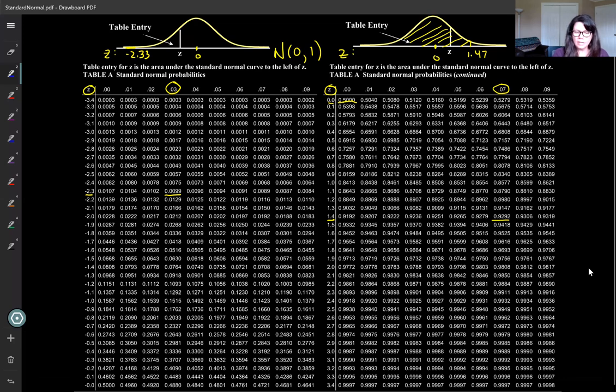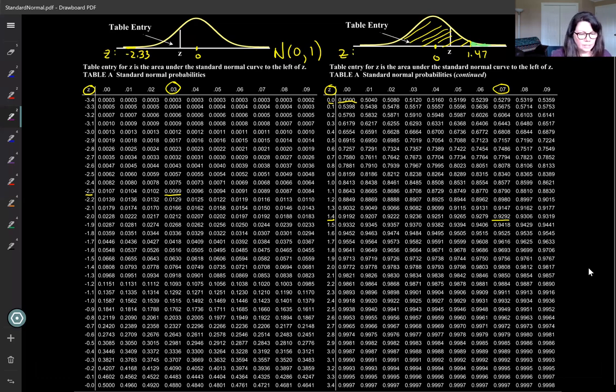But what if the question has keywords that say greater than, or more than, or taller than? Then you would want the area under the curve, just going to change color here, to the right of a value. So let's say the question said more than 1.47. So the Z score, we want to find the area under the curve that is greater than 1.47.